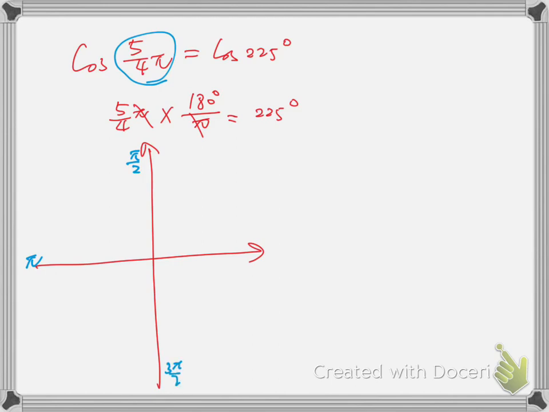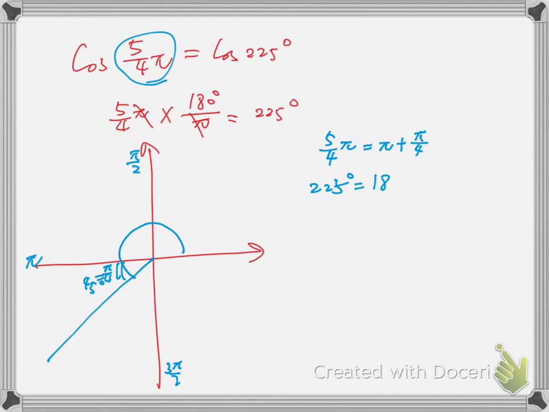So 5 pi over 4 is between pi and 3 pi over 2. 5 pi over 4 is pi plus pi over 4, so the actual rotation after pi is pi over 4, which is 45 degrees. If you use 225 degrees, that is 180 plus 45 degrees. Then we get the same position.